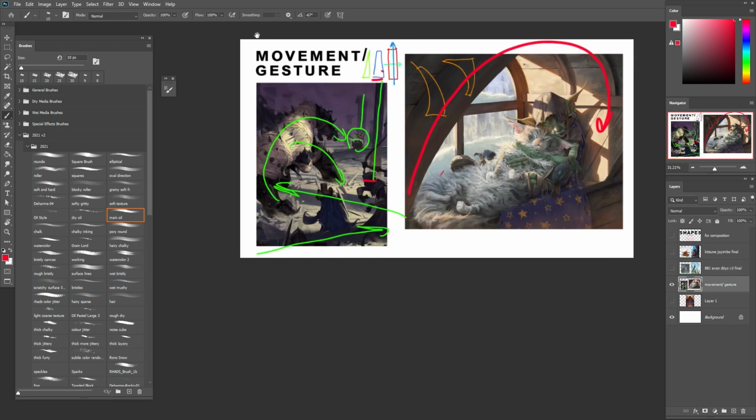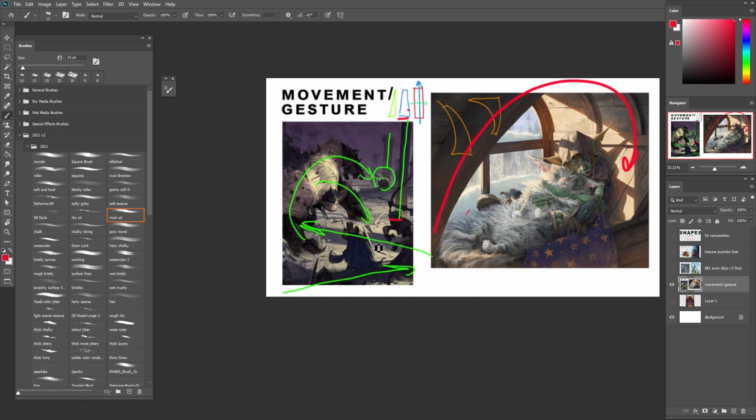Then order or stack your shapes in such a way that their long axes create a movement or a gesture through the whole image that doesn't go outside of the image but is somehow stopped and limited or constrained within it, so you have to have an element that brings the eye back around. And that about covers that, I think.